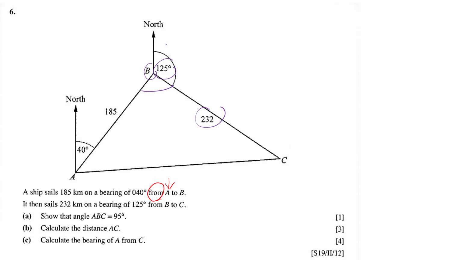When you're dealing with questions regarding bearing, interior angle is a very popular angle property that we'll be using. A lot of times we'll be using interior angle. For interior angle, you look for two parallel lines, so that these two angles add up to 180. That's called interior angle.